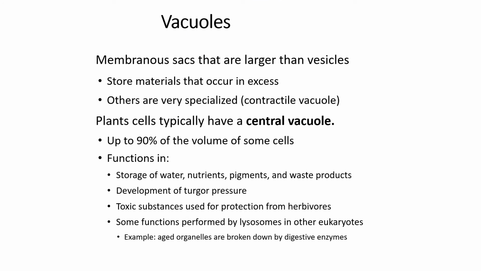Alright, so vacuoles are usually a little bit larger than vesicles, and they are usually for either storage or digesting. So vacuoles often fuse with lysosomes to digest larger structures. Plants have a central vacuole and animals do not have a central vacuole.